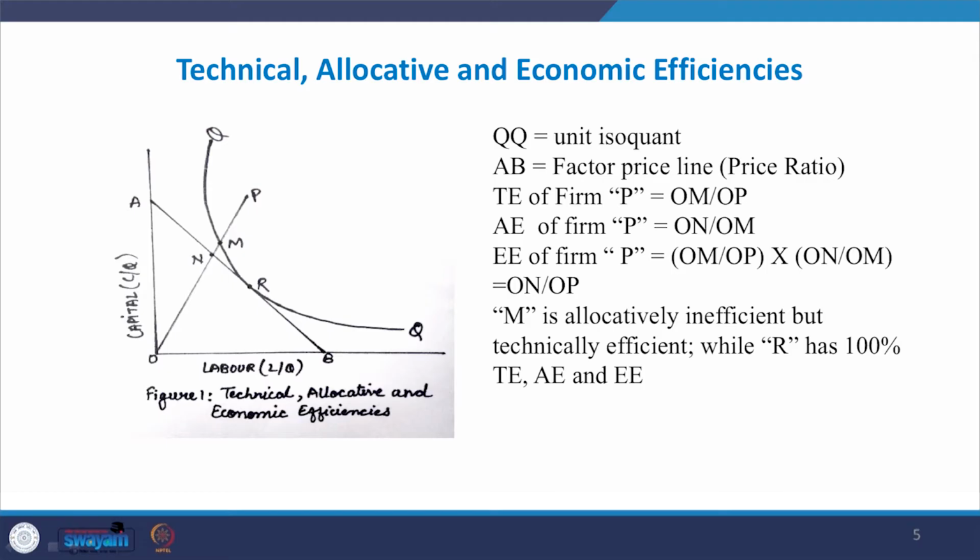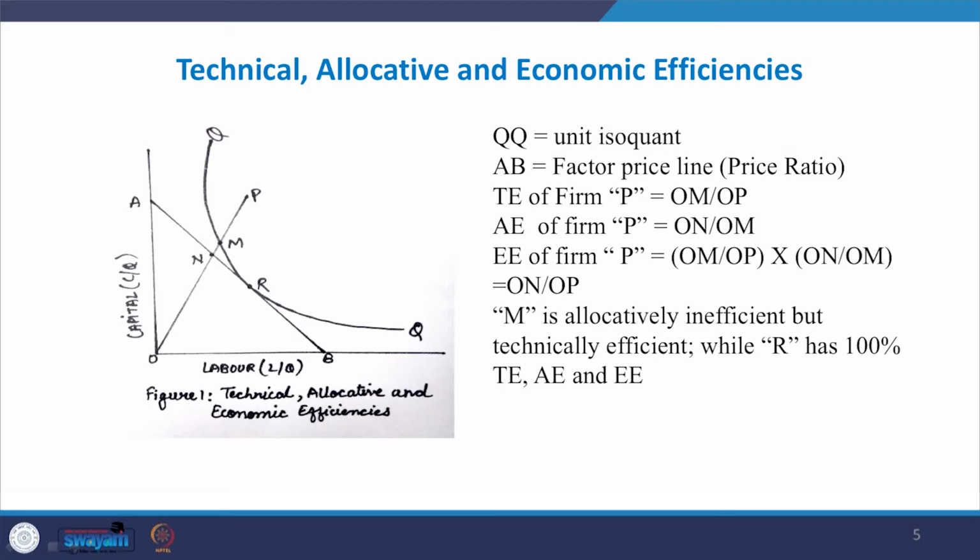From this graph, you can easily see the difference between these three kinds of efficiencies. In this graph, I have taken a unit isoquant. Isoquant means equal product curve, and an isoquant shows various combinations of two inputs like capital and labor, which provide the same level of output.